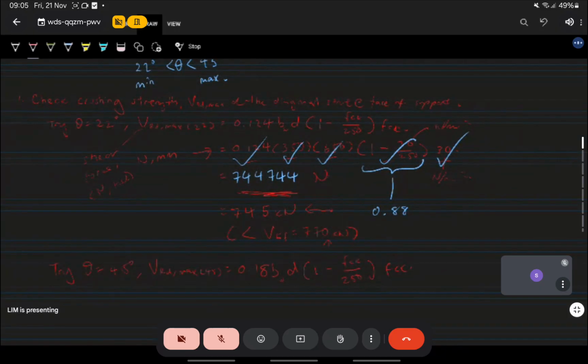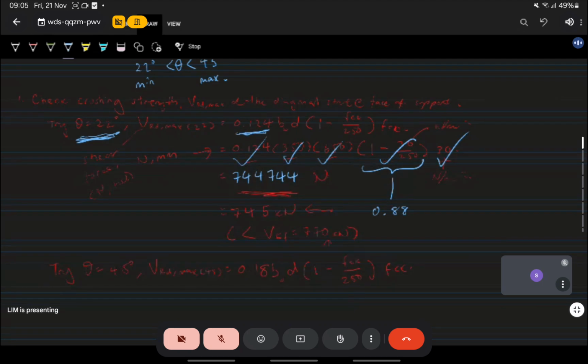I want to point this out. I use green color. Now you can see green color not clear. Okay, blue. I use blue again. Now pay attention. When you try an angle of 22 degrees, the formula for VRD max has 0.124 in front.